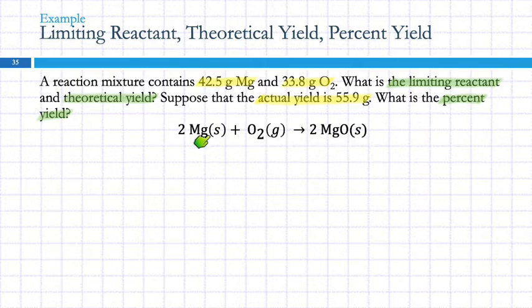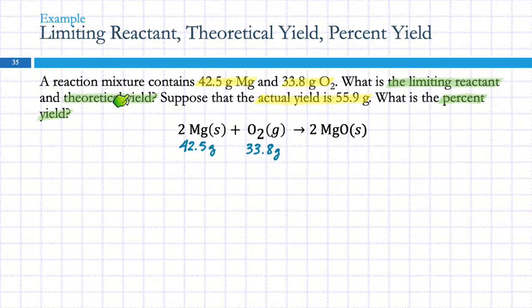So we have our balanced chemical equation, and this is the key to the whole thing. So let's use that to organize this information. So we have 42.5 grams of magnesium. I'm going to write that down here, 42.5 grams of magnesium and 33.8 grams of oxygen. So the limiting reactant, that answer is going to be either magnesium or oxygen.